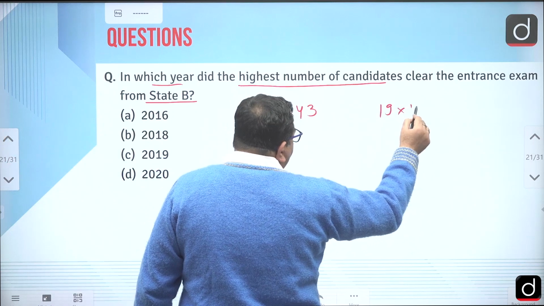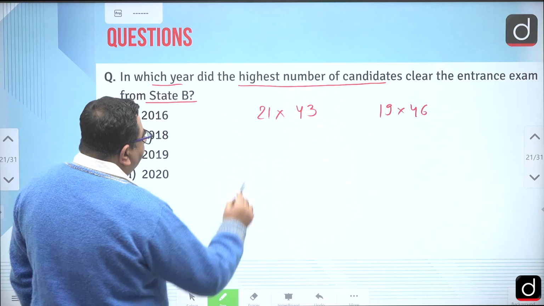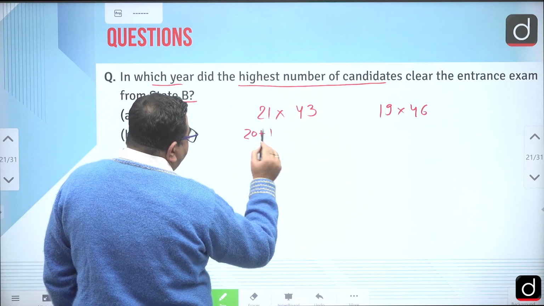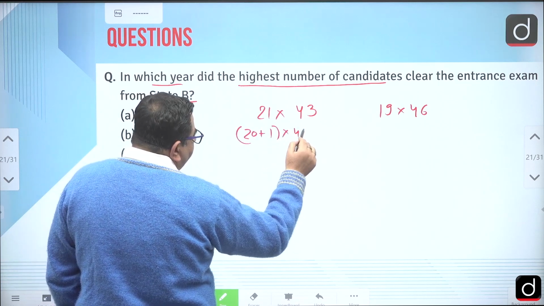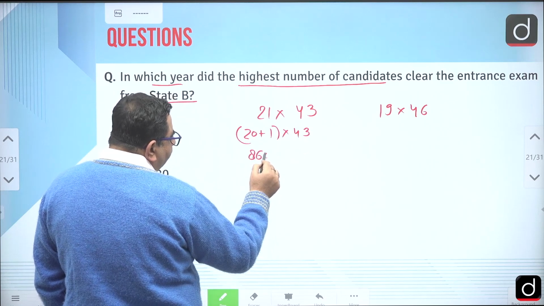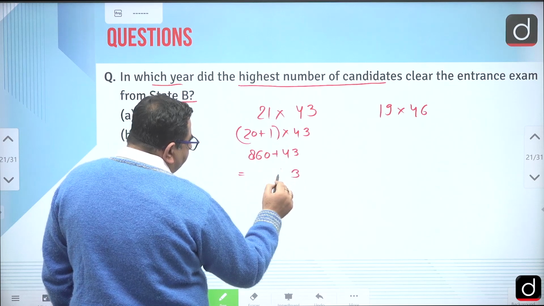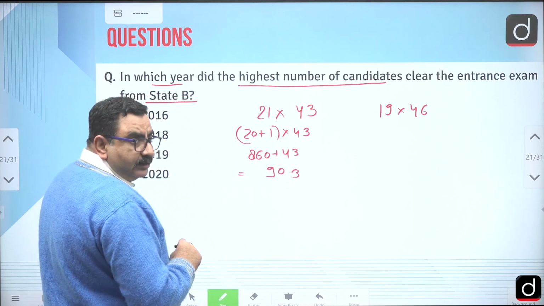Now 21 into 43, I can write it as 20 plus 1 into 43. Now 43 into 2 is very easy, 860 plus 43. This is 903 as a number.